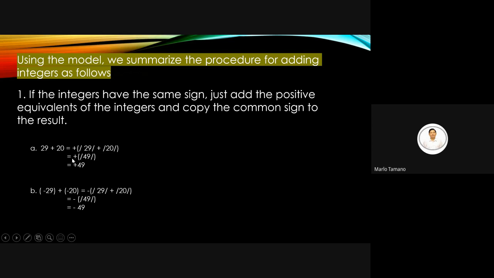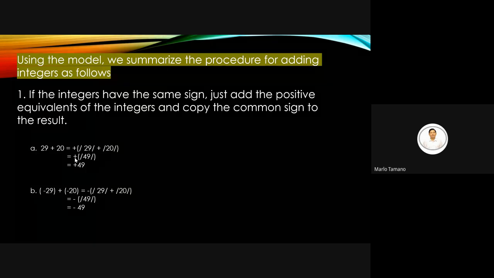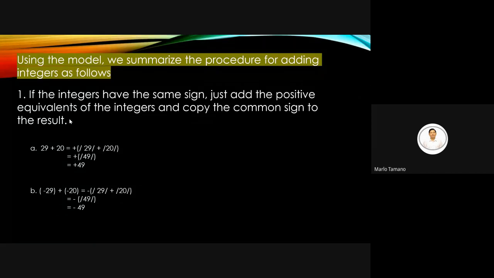Then, equal sa baba niya, plus, kopyahin nyo, bring down the positive sign. Then, you will add 29 and 20. The sum is 49. So, open parenthesis, absolute value of 49, close parenthesis. Tapos, ilalabas na ninyo yung absolute value ng 49. So, the absolute value of 49 is 49, then copy the sign.